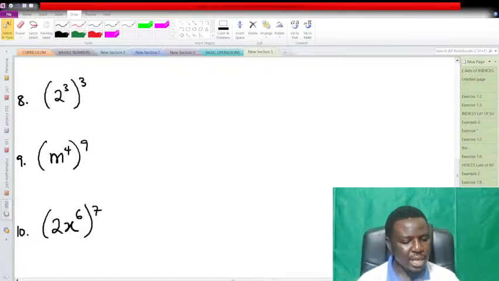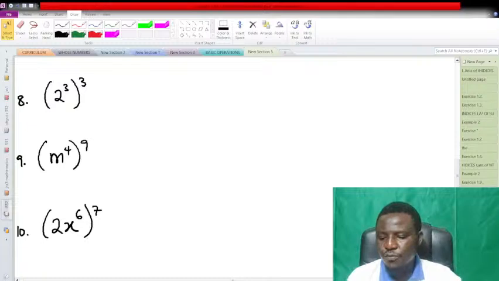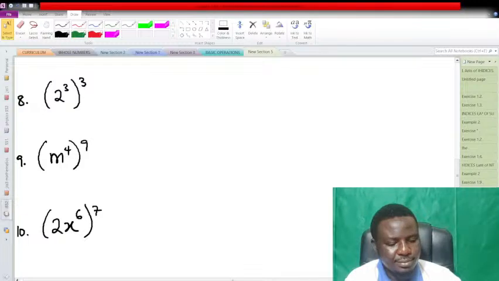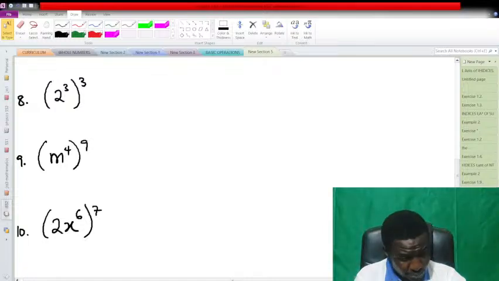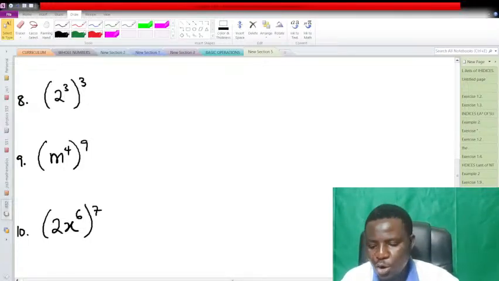Sarah said question number 8 is 2 to power 9. Okay, that's beautiful. What is the answer to question number 9? She said it is m to power of 36. Okay.